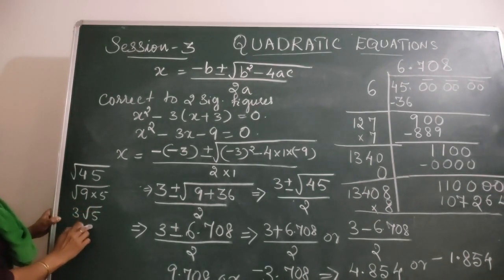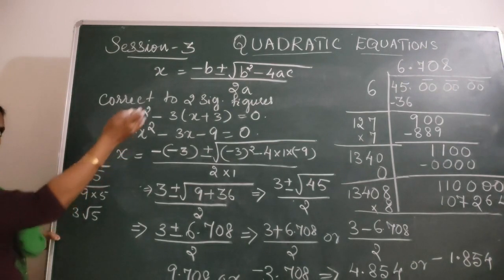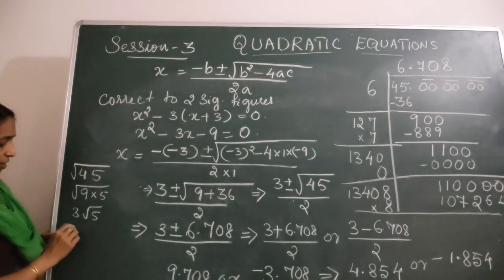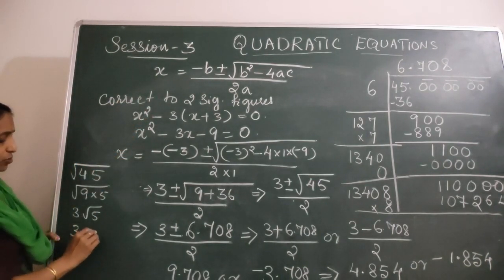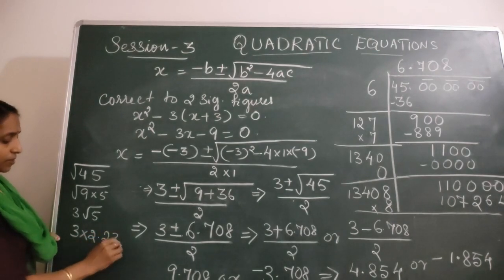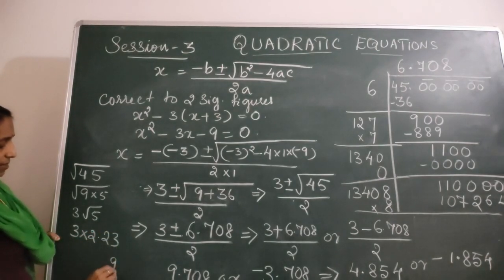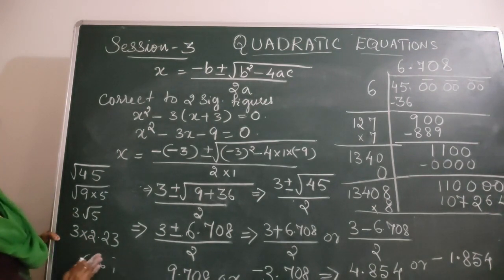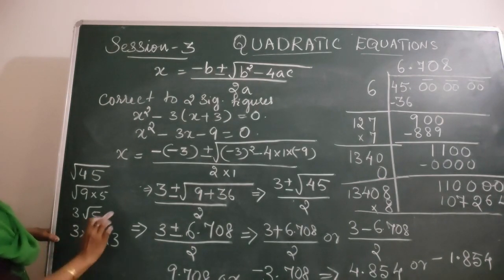So there you will go for the root 5 value, which you also have to show. If you know the root 5 value is 2.23, you will get 3 3s are 9, 3 2s are 6, 3 2s are 6. 6.708 you will get after multiplication.